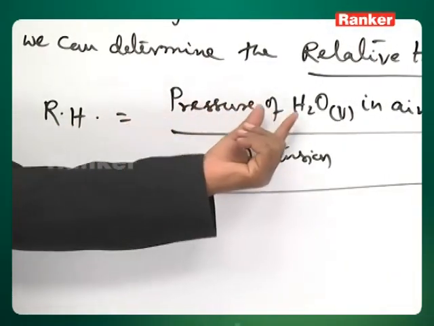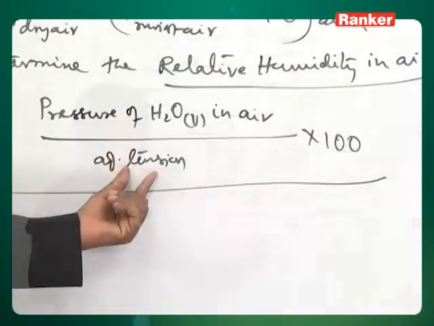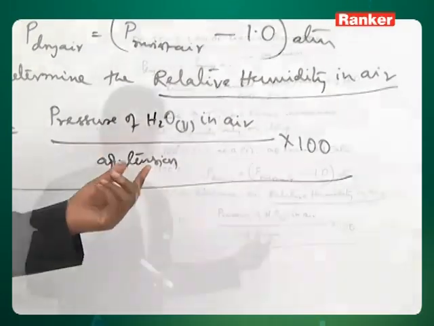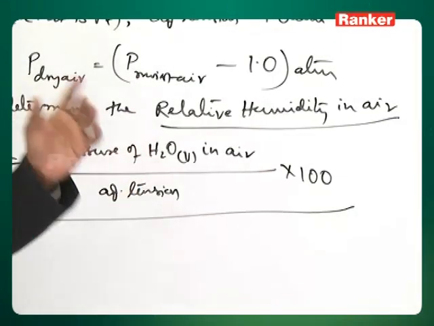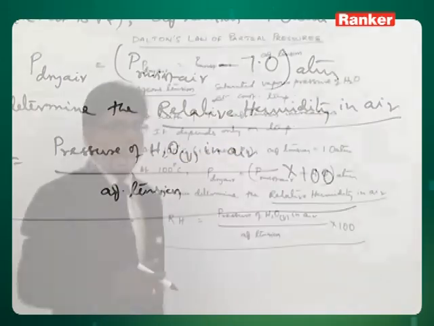Relative humidity is equal to pressure of water vapor by aqueous tension into 100. Because this aqueous tension is a saturated vapor pressure where you consider that the whole air is consisting of water vapor, in relative to that, that is say 100, then what fraction of it? So, this gives us the relative humidity.